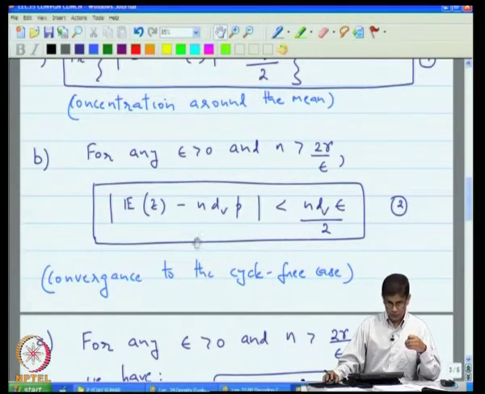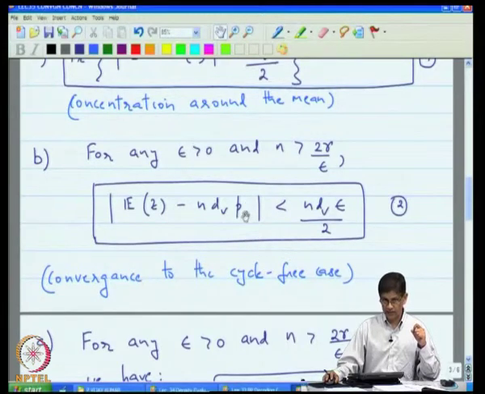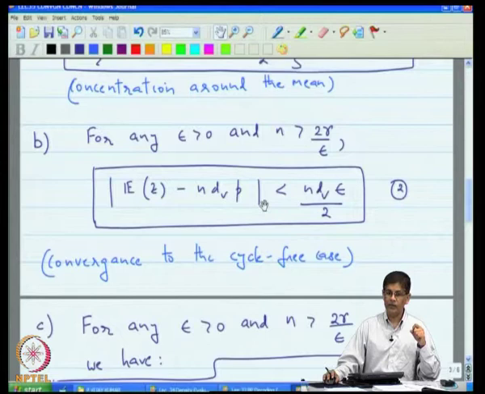Now the total number of incorrect messages, or the expected value, given that any particular edge is incorrect with probability p, is then n times dv times p. So you should interpret this as the expected number of incorrect messages passed in the tree-like case.